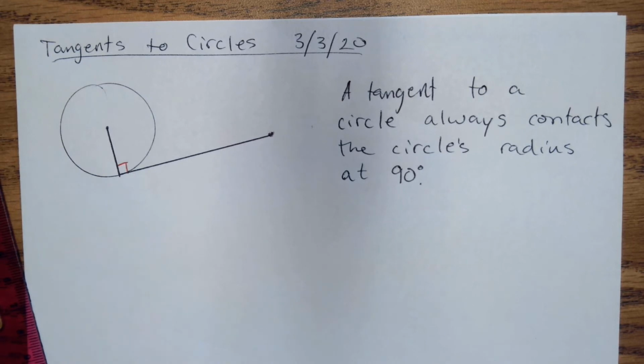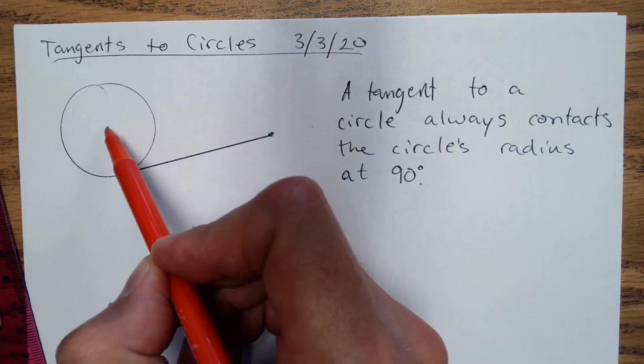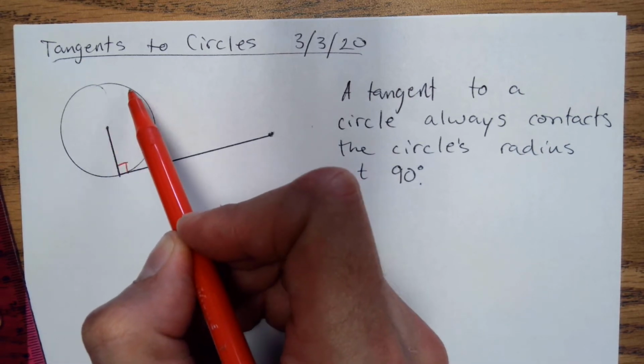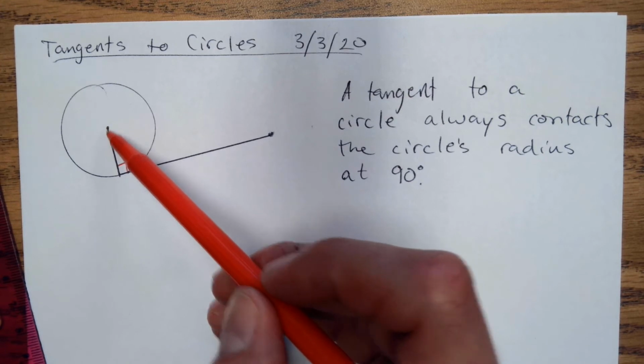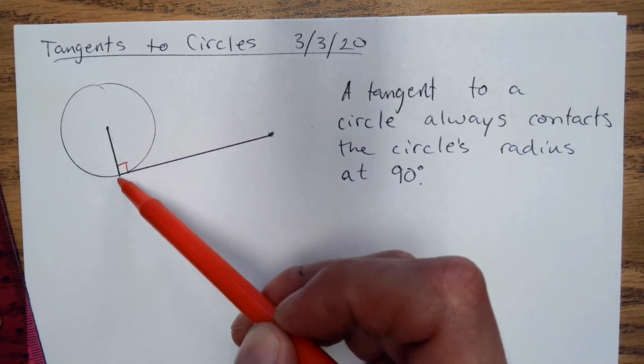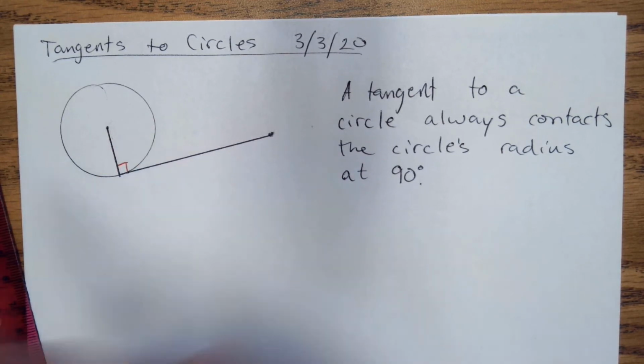Now, I'm not saying that any radius that you draw is going to make a 90-degree angle. If I drew a radius out this way, it wouldn't even be touching the tangent line. So the radius that you're drawing is the one that also touches the tangent line. And if it does touch the tangent line, then it makes a 90-degree angle.